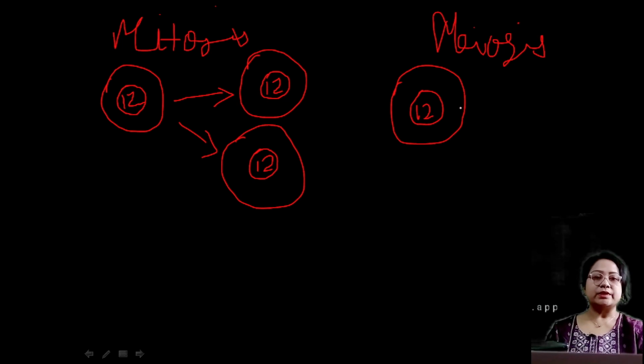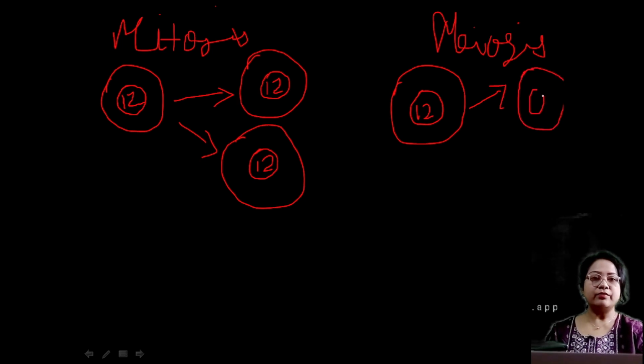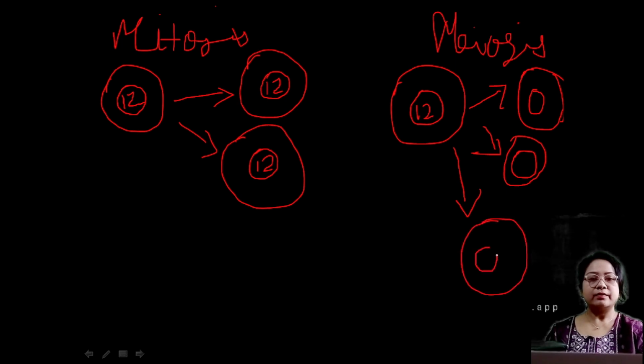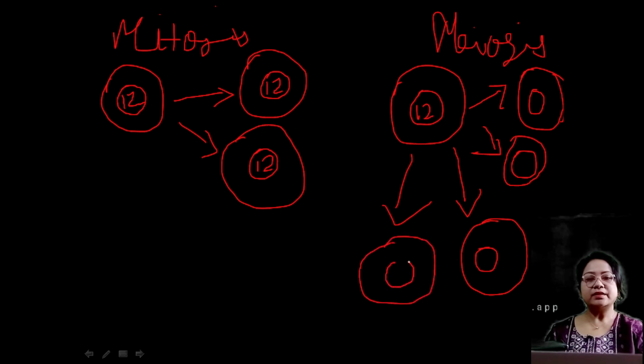We know that in meiosis there is formation of 4 daughter cells: one, two, three, and four. Suppose the parent cell contains 12 chromosomes. In meiosis, half the number of chromosomes will be distributed to the 4 daughter cells.